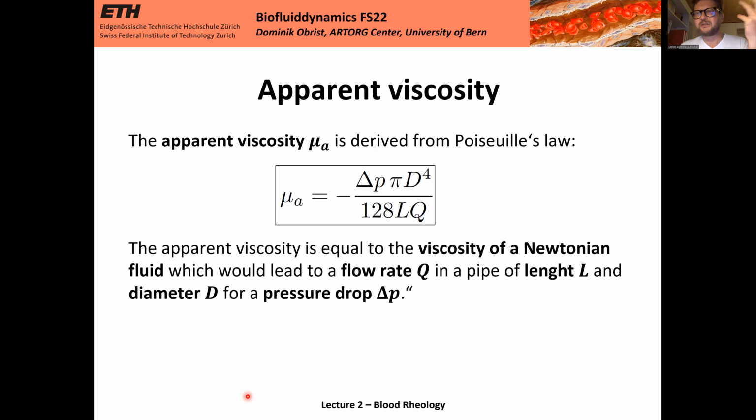It corresponds to the viscosity you would have in a Newtonian fluid if it was flowing through a pipe of diameter d, length L, at a flow rate Q, creating a certain pressure of delta P. This maybe sounds a bit complicated, but when you draw the picture of how you can actually determine an apparent viscosity, then it should become clear.